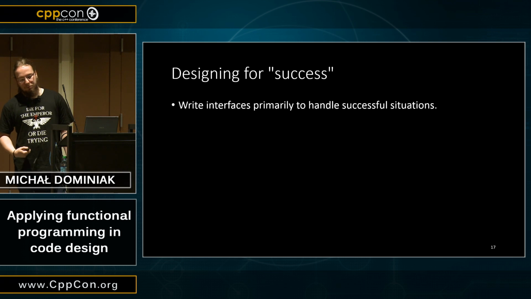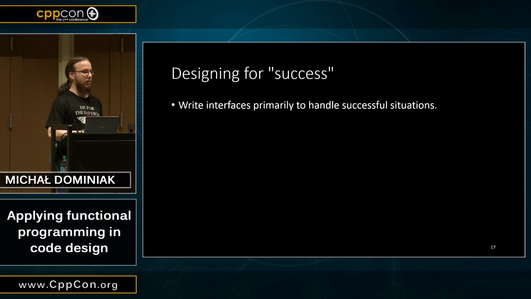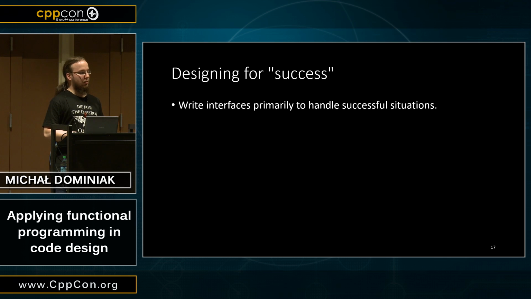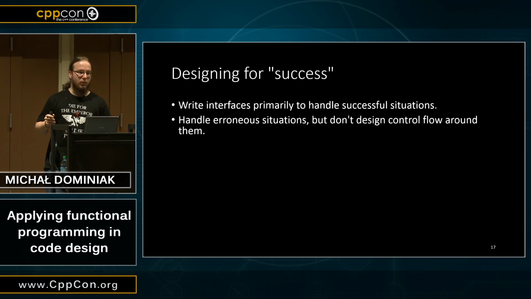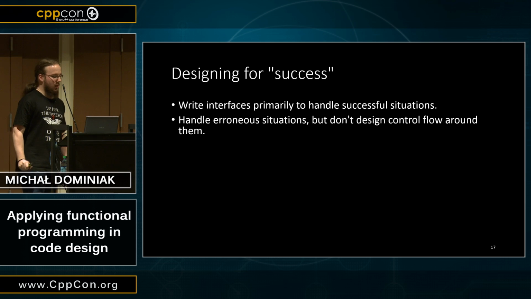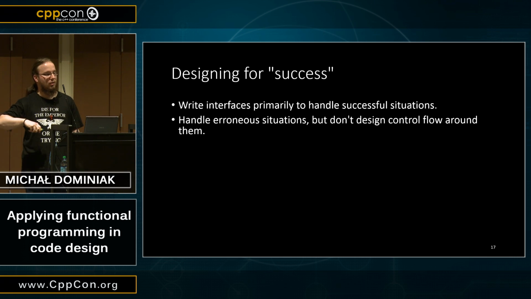So the primary goal is to write an interface for the situation where something we expected happened. There was no problem. And you want to, of course, handle the problematic situations, but please do not design your interfaces thinking primarily of them.